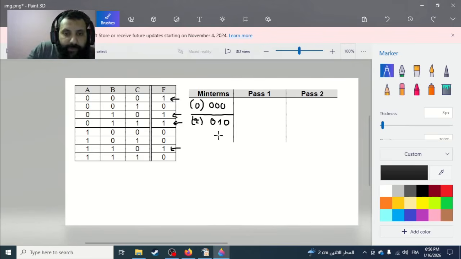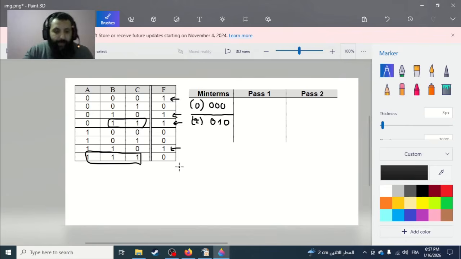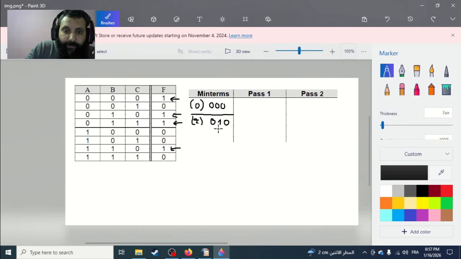This value, for instance, contains two 1s, and the last one has three 1s. We can conclude that we have 3 different groups. I have to make the remark that this one contains only one 1 here, but it's not a min term.